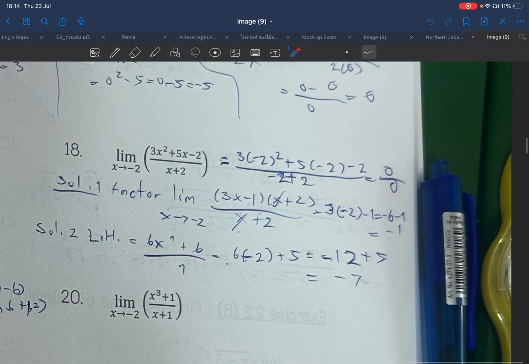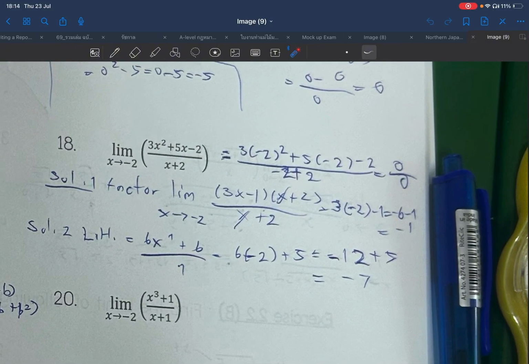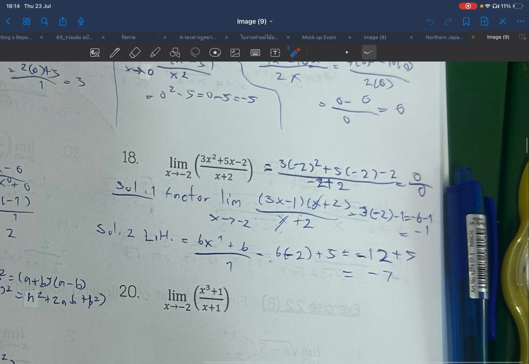We should cancel out the (x + 2) from top and bottom to get 3x - 1. So we substitute x as it approaches -2, which gives us 3(-2) - 1, which will equal -7.